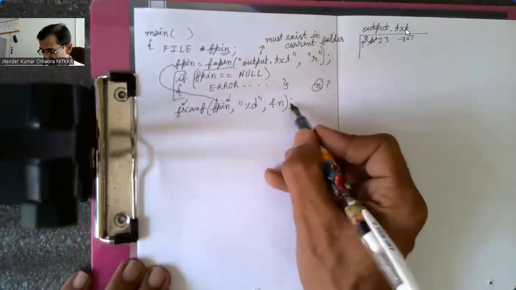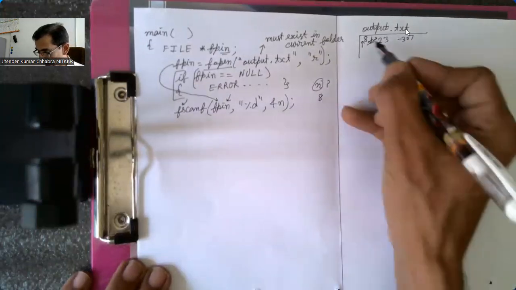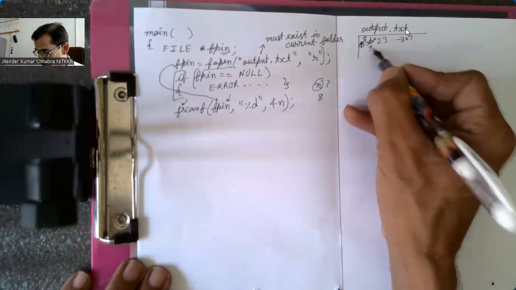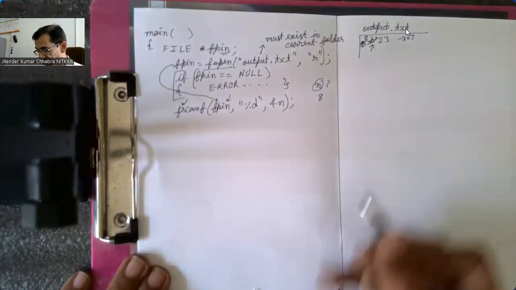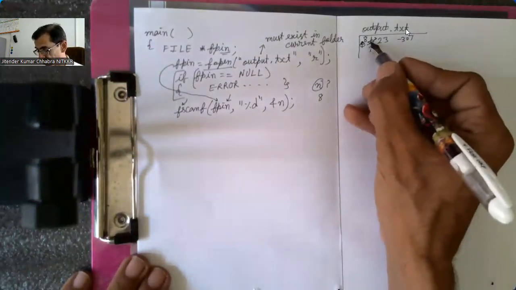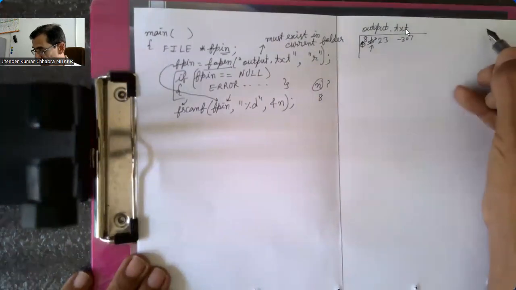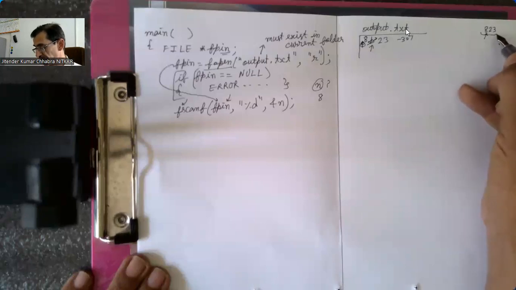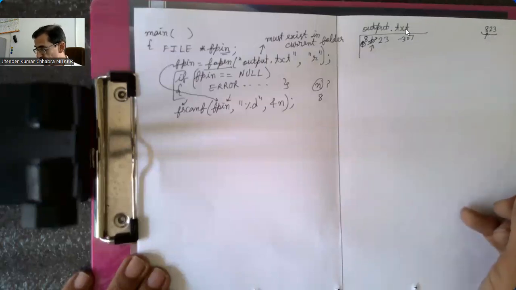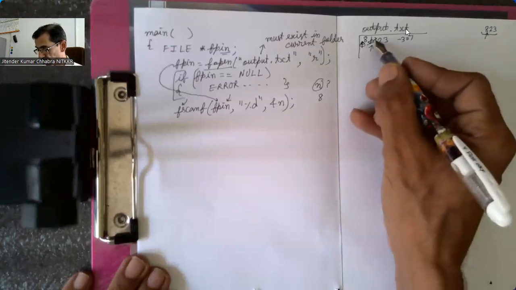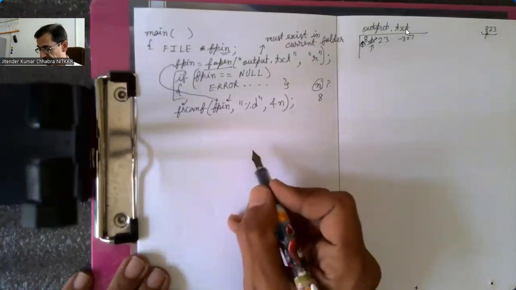So by this, 8 is read and the cursor reaches the position after 8. Why is 8 read? Because after 8 there was no digit. Now, if you forgot to put a blank in between, the value will appear as 823. So it will read n as 823. The way you read from the keyboard, till you don't press a blank, it is read as a single integer. So you have to be careful to put a blank, especially for integers.